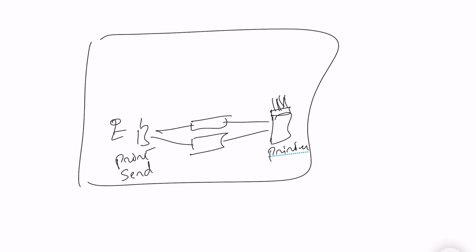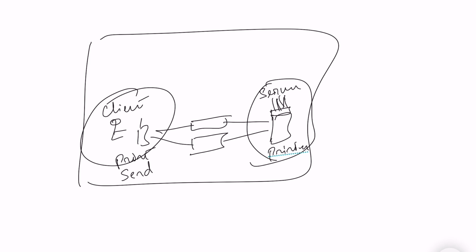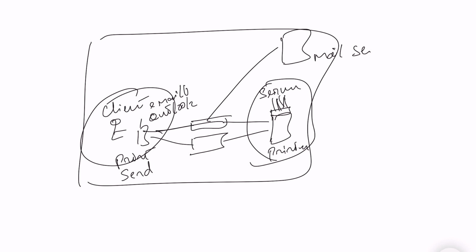That architecture is also a client and server architecture, where your desktop or laptop is acting like a client, and the printer is acting like a server. Same way, let's say you are using Outlook, accessing emails, and your desktop or laptop is connecting to some mail server.